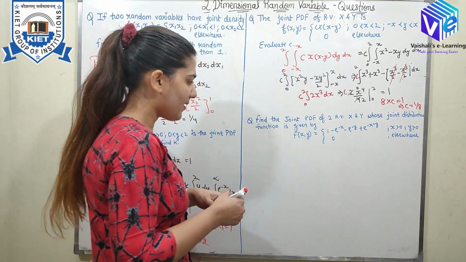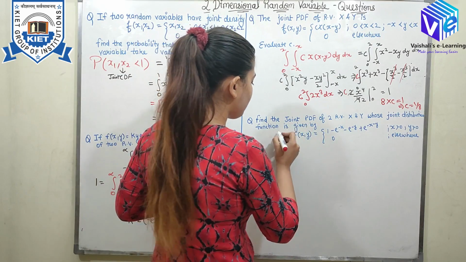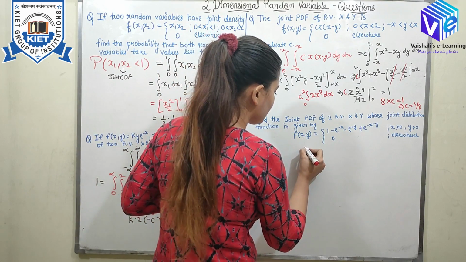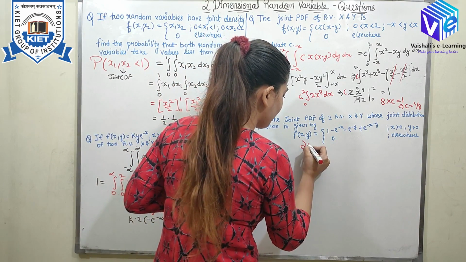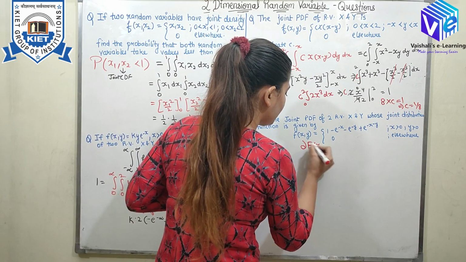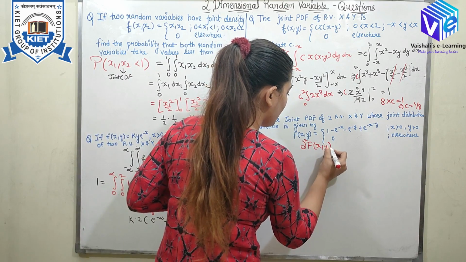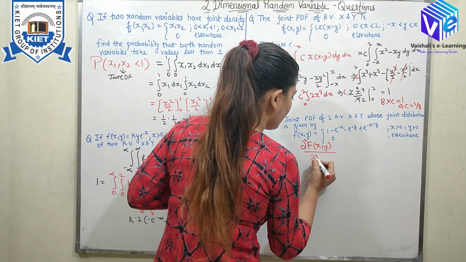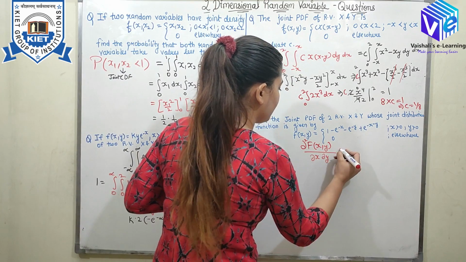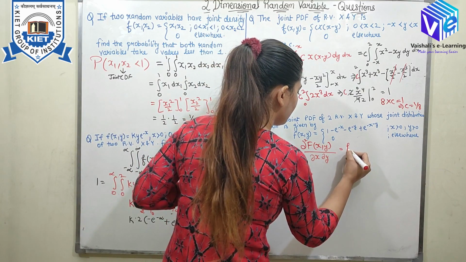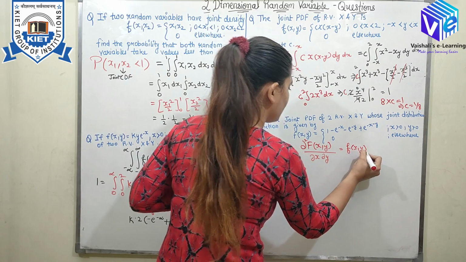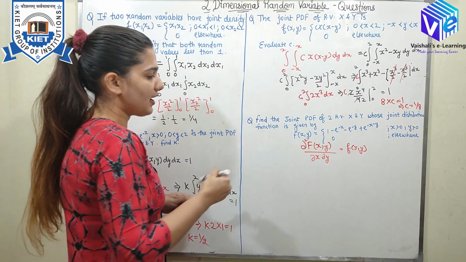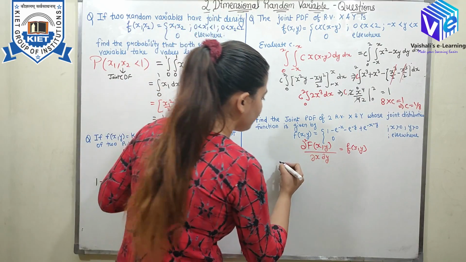So I hope you remember the formula. If I am given the joint distribution function, the joint PDF is found using the double derivative of the joint distribution function over del x and del y, which is equal to f(x,y). Now I hope you can find this derivative.